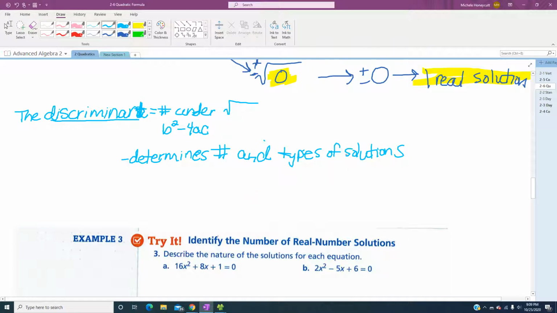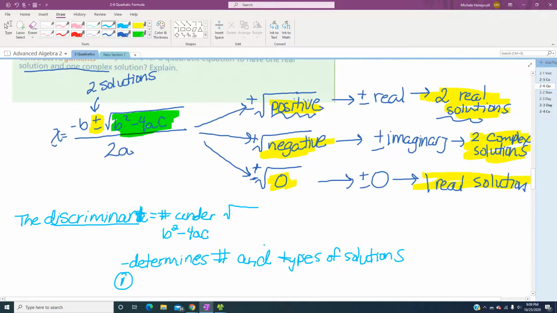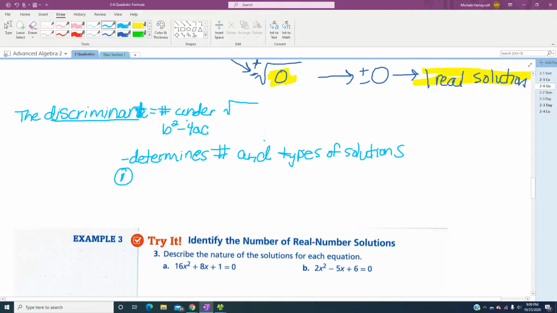So if the number under the square root, so here's type 1, which is going back to this part. If the number under the square root is positive, so that's b squared minus 4ac, so if b squared minus 4ac is greater than 0, then we're going to have two real solutions.